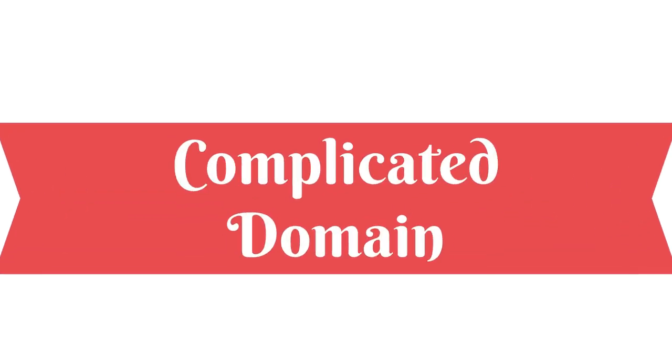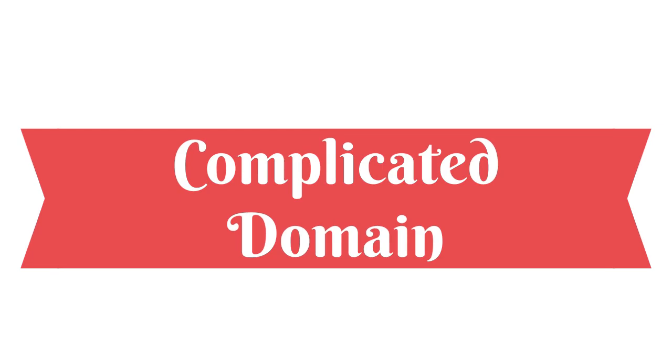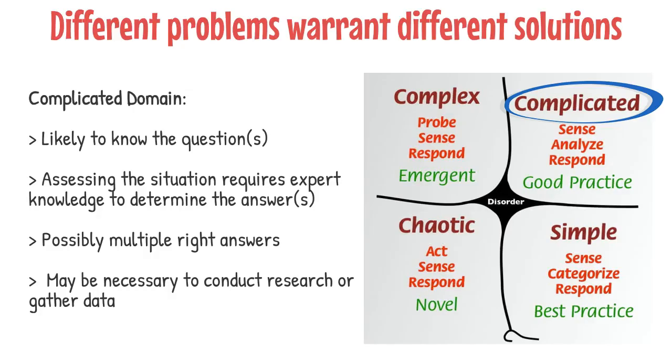Next one is the complicated domain, where you're likely to know the questions. Here the challenges are multifaceted and require specialized knowledge to understand and solve. Identifying and addressing the issue requires a deep understanding of the subject matter and the ability to evaluate multiple options and select the most appropriate one.